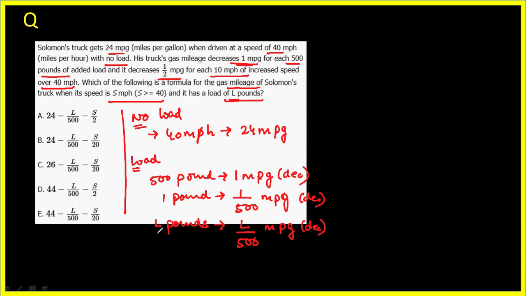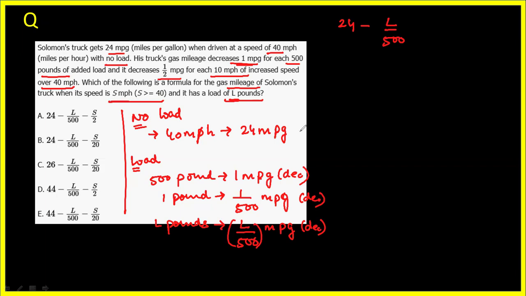When there is a load of L pounds, the mileage becomes 24 minus L upon 500. The original mileage was 24, and when the load was L pounds, the mileage decreased by L upon 500. This is the decrease due to the L pounds of load. Okay, so this part is done.